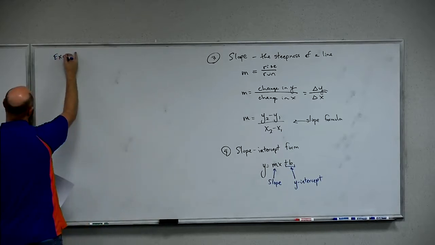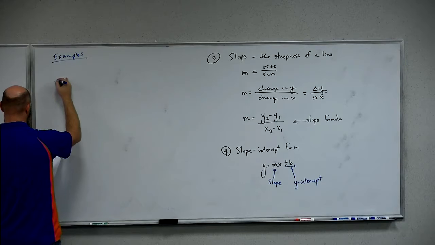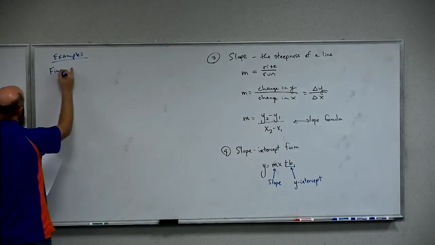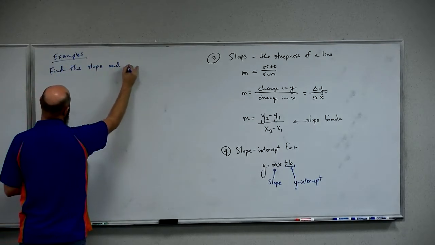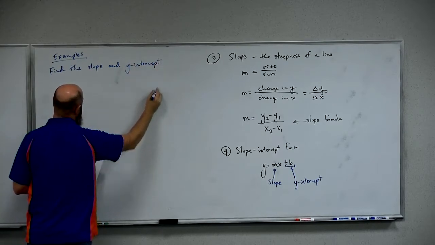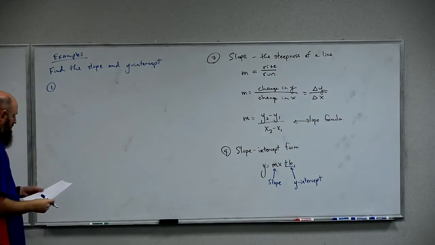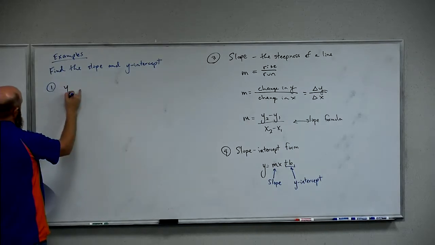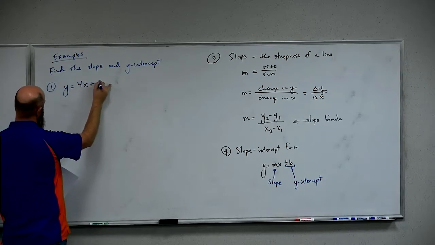So examples. Find the slope and y-intercept. All right, so y equals 4x plus 5.